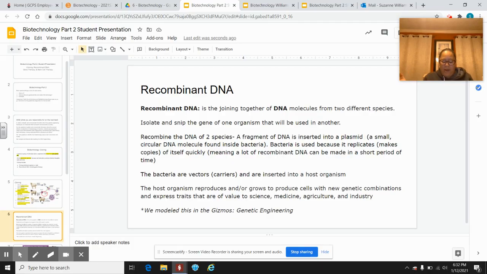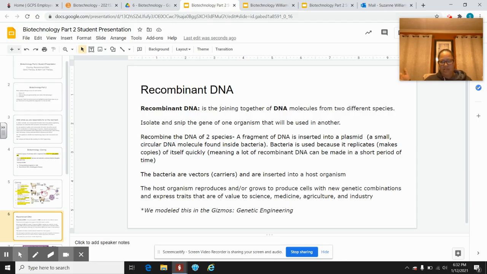And why would we do that? Well, we do that to create transgenic organisms. So remember, transgenic is an organism that has DNA from at least two different organisms, in this case, two different species. And we do this so that the transgenic organism is going to have cells that express a particular trait that it didn't have before.